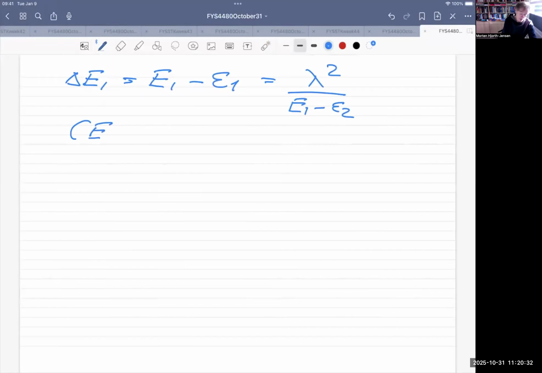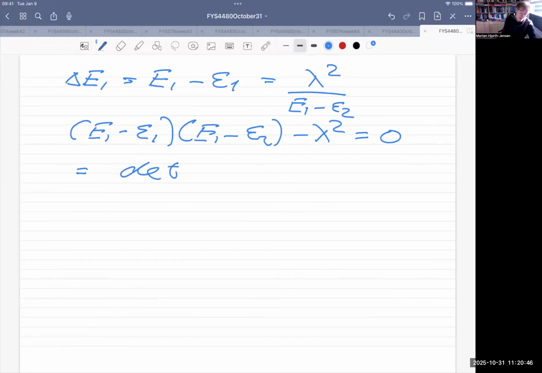We get E1 minus epsilon 1 times E1 minus epsilon 2 minus lambda squared. And that is the same, I'm going to put that one to 0. That is the same as saying that the determinant of the Hamiltonian matrix minus E1 is equal to 0. So what we see then is that the many-body perturbation theory with Brillouin-Wigner gives us exactly the same thing we got when we set up the diagonalization problem. And this is also something which we found last time.